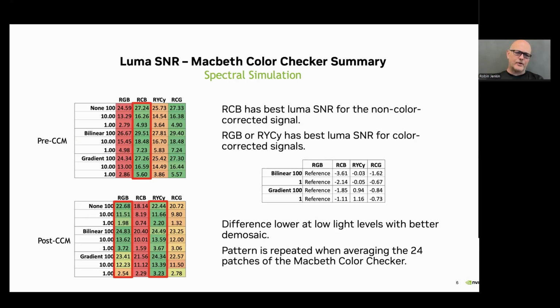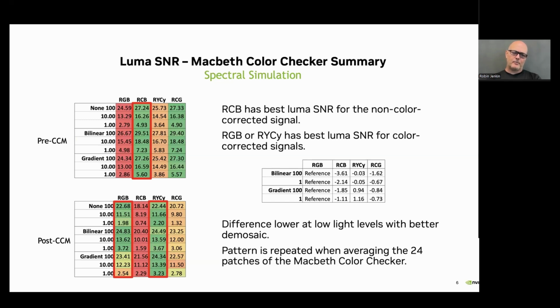What usually happens though is that as soon as you apply a CCM to it, because the clear channel is so much more sensitive than either the red or the blue, the red and the blue are generally the least sensitive, even in an RGB system, you end up having big disparities between what the clear can do and what the red and the blue can do. So as you use your CCM to twist to get back to RGB, you apply very big coefficients, and we'll get to that in a little bit.